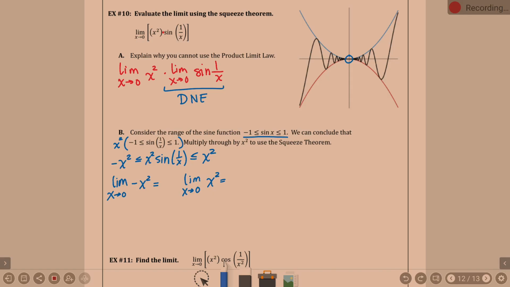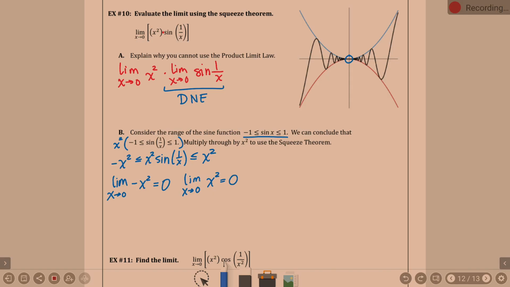You can just plug in. You can also think about the graph. It's 0. X squared is a parabola. As you approach 0, you're approaching the vertex at (0, 0). Negative x squared is just the same parabola flipped. So both of these equal 0.